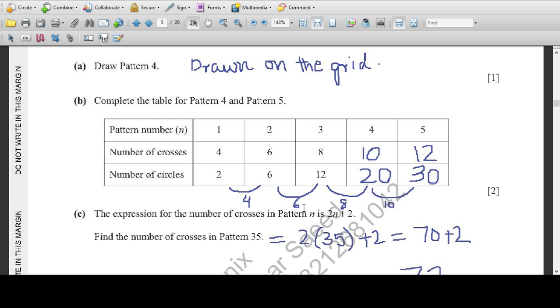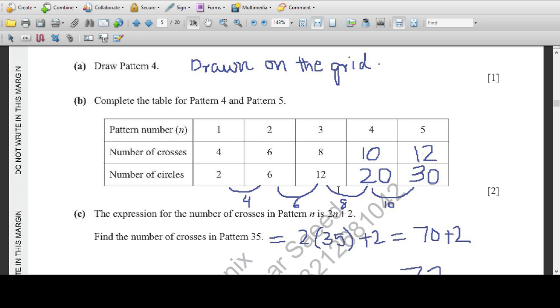From 2 to 6 is a difference of 4, then 6 to 12 is a difference of 6, 12 to 20 is a difference of 8, and from 20 to 30 a difference of 10. So the difference is increasing, so this is not linear.